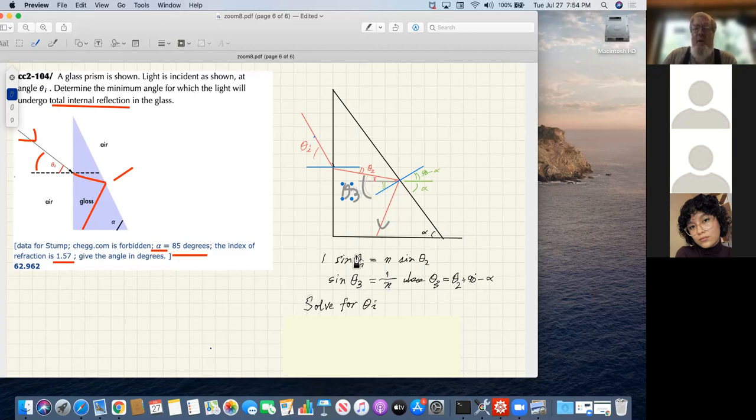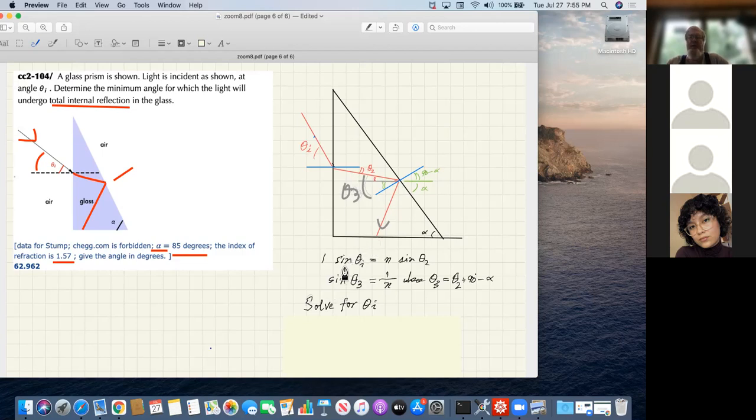If the angle is larger than this critical angle, the arc sine of 1 over n, there won't be any escape into the air. It will just all be reflected. So we're looking for the condition when theta 3 is the arc sine of 1 over n. That's the condition for total internal reflection.